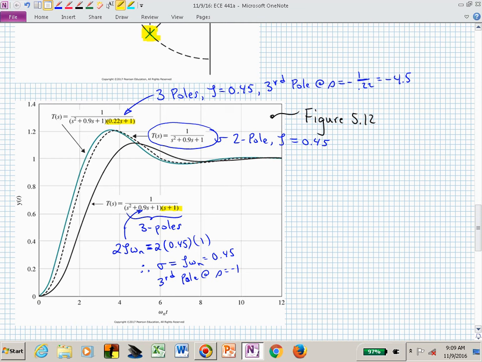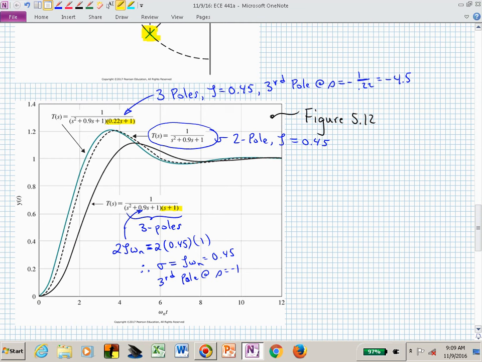This is now a factor of 10 beyond that in terms of the real pole, the pole being at minus 4.5. And it didn't change the dashed response much, because that third pole is quite fast relative to the two dominant poles.